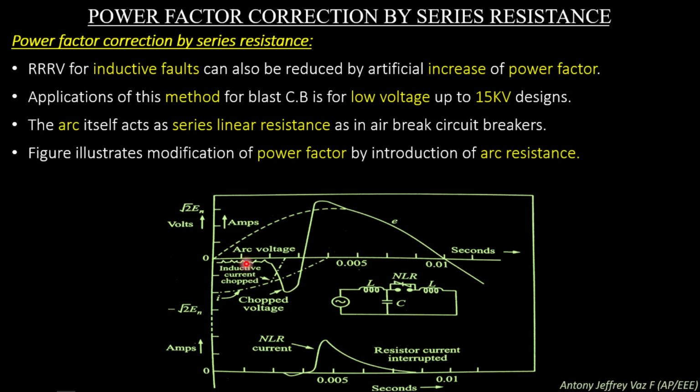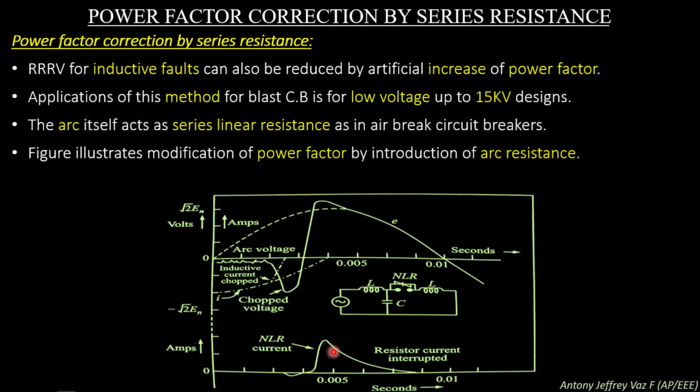And on the graph below, you can see the inductive currents get chopped at this point, and this is the arc voltage of the inductive current as shown, and this is the ampere rating of the circuit breaker, shown in the dotted line.